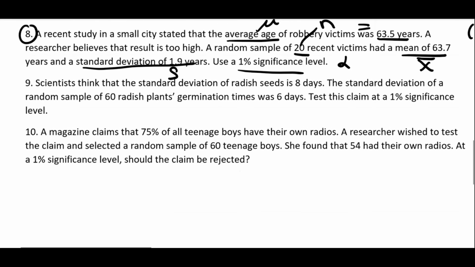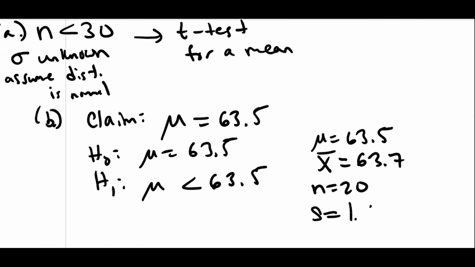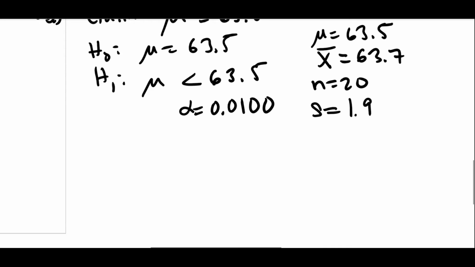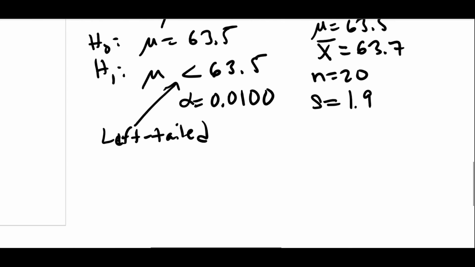The standard deviation is 1.9 years, and alpha is 0.01. Next, looking at the H1, we can clearly see that it's a left-tailed test, and we're going to be using the t distribution.